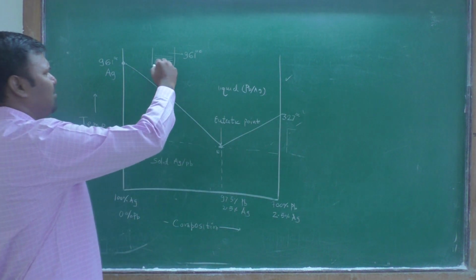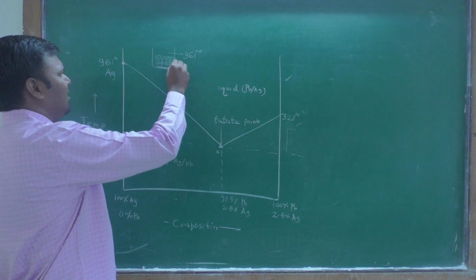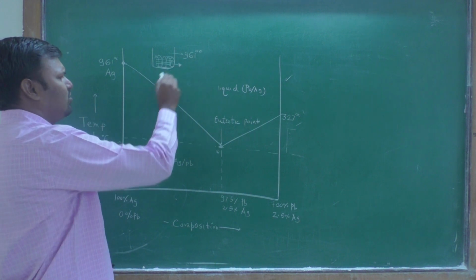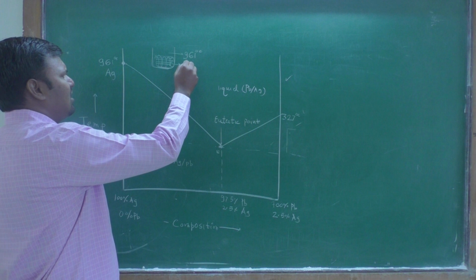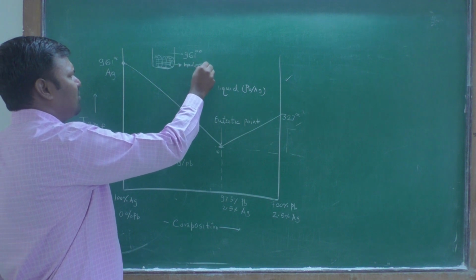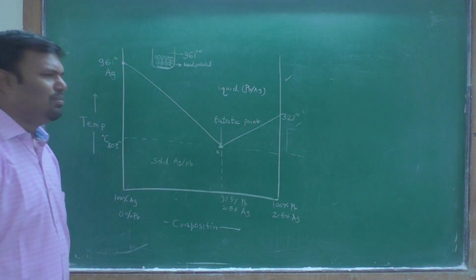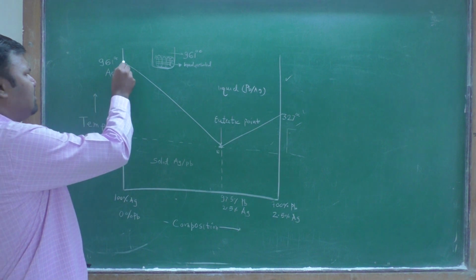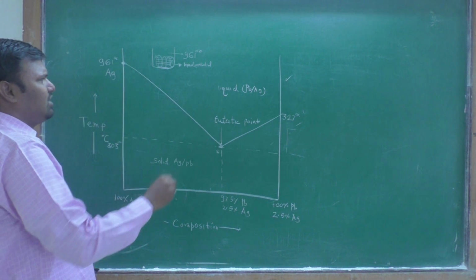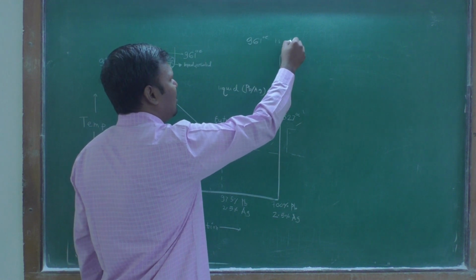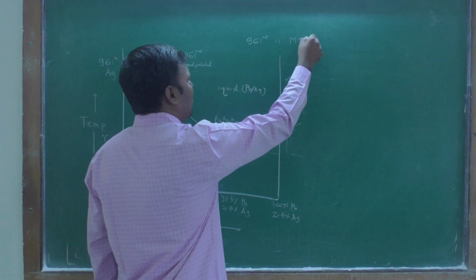Therefore it melts, and there is a liquid and solid equilibrium during the melting. At this point, 961 degrees Celsius is the melting point of silver.